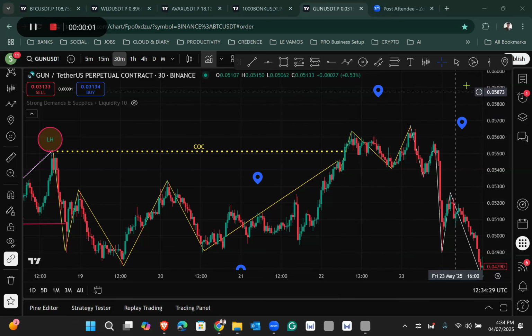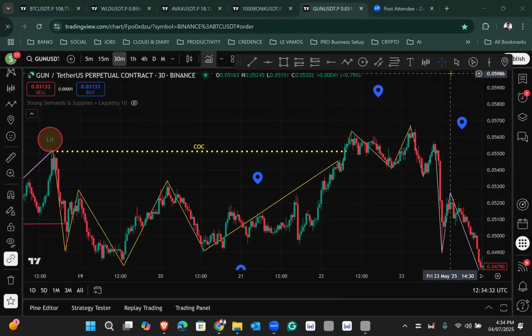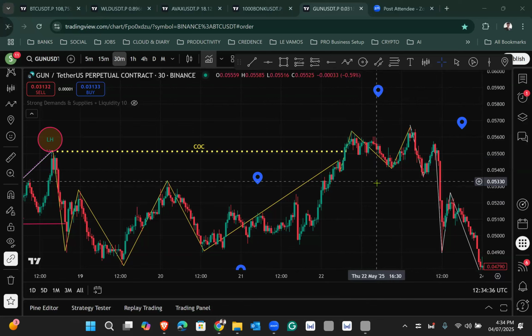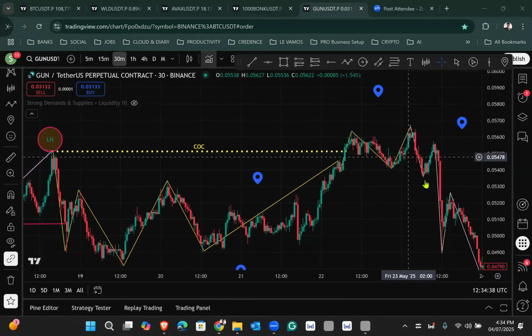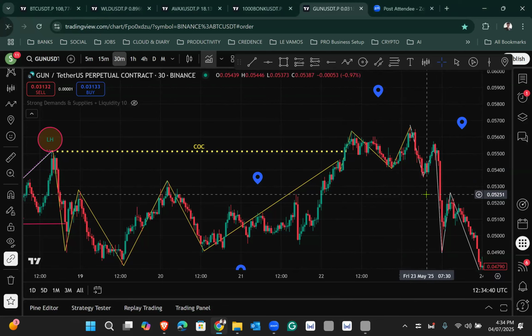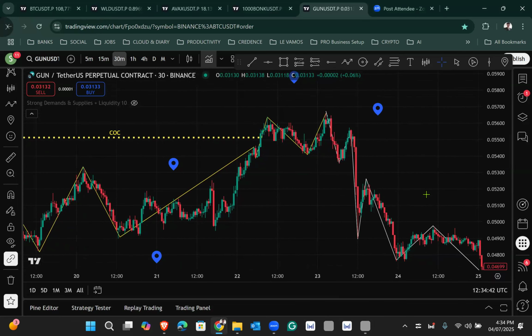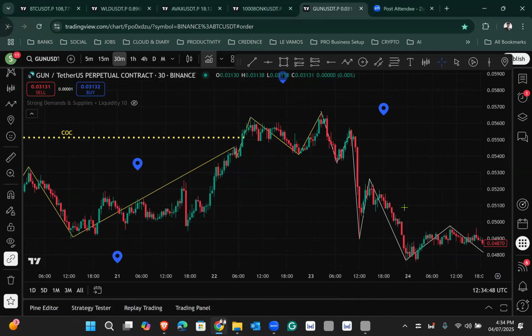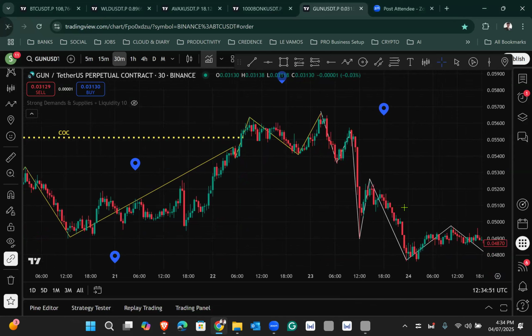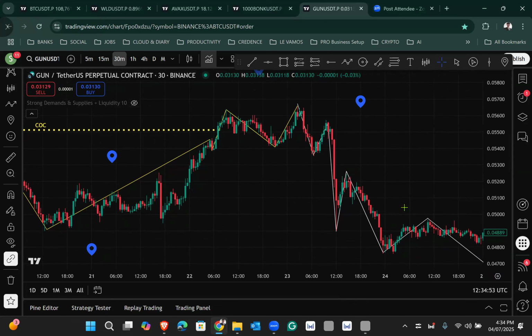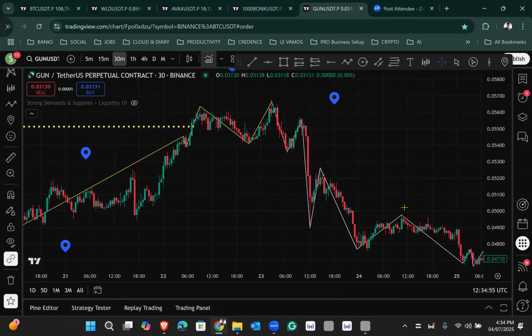So if you check now, that is correct. There's no break of structure to the upside. This is what I was explaining, that sometimes the market can do as if the trend wants to change, and then go in the trend it was coming from.